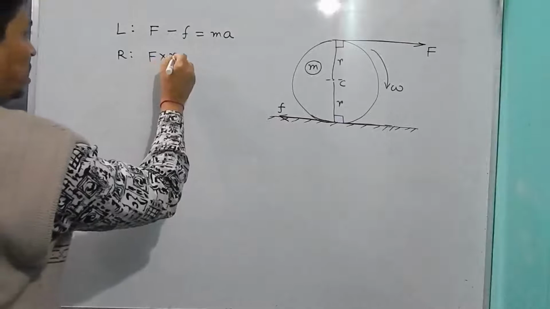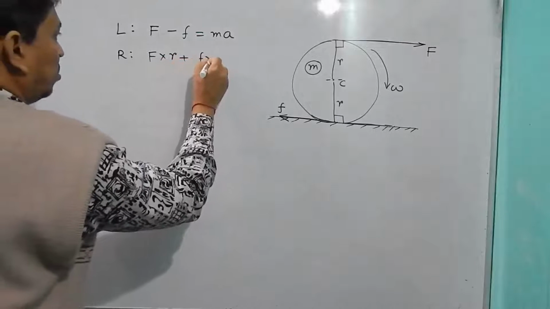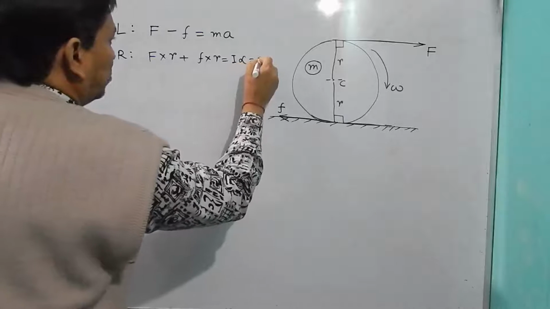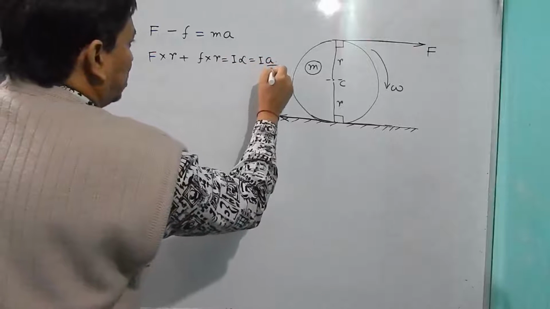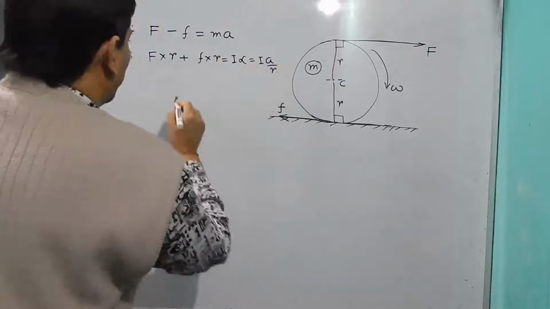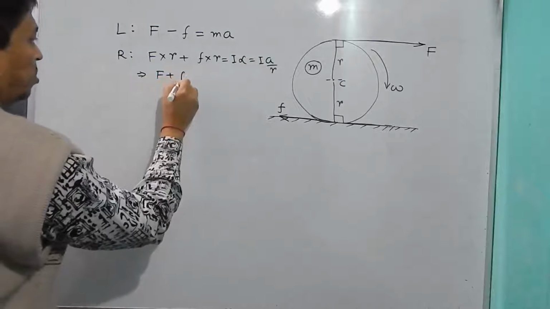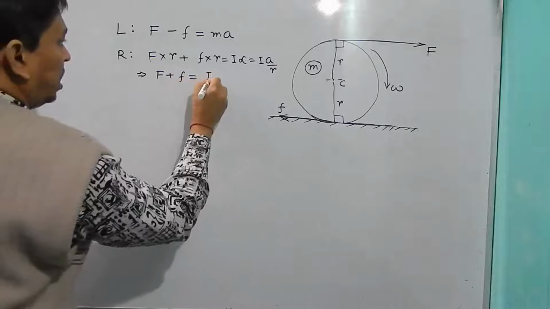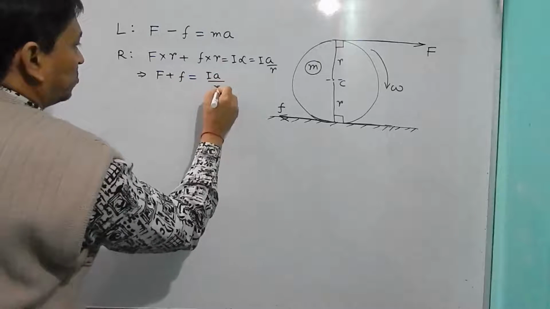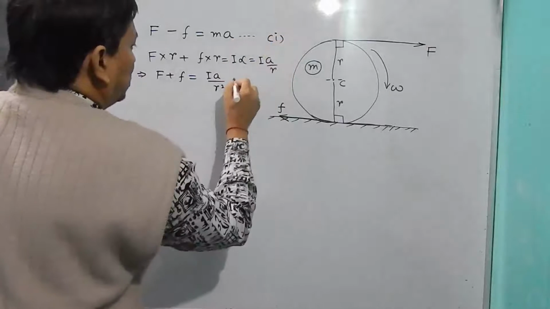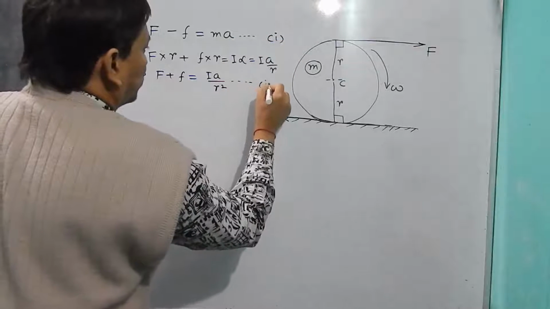So F into R plus small f into R will give I alpha, that is equal to I A by R, because alpha is equal to A by R. So here you get F plus small f is equal to I A by R square. Say this is equation number 1 and this is equation number 2.